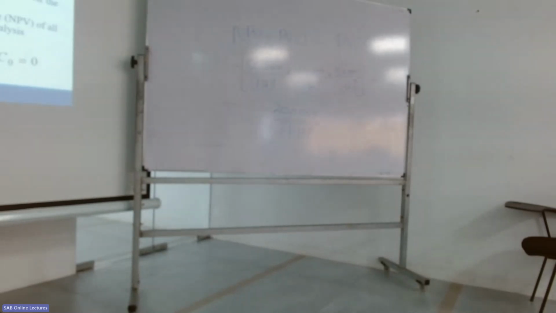It shows how much rate of return is generated through this investment. IRR is internal. It is intrinsic to the project, because we calculate its internally generated rate of return. It only depends on the cash flows of the project.